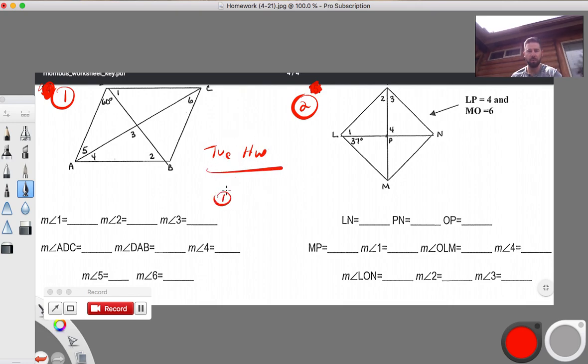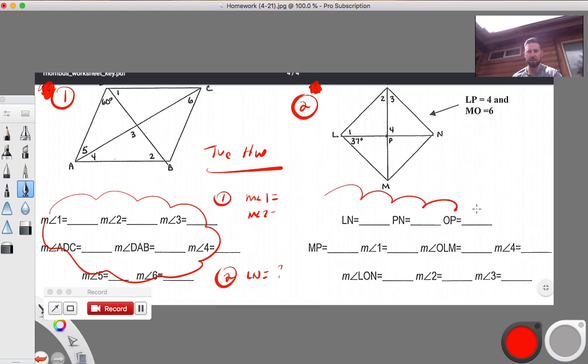Then put number 1, and type out measure of angle 1 equals whatever your answer is, measure of angle 2 equals whatever your answer is, with all this information down here. Then also in your Loop mail, number 2: LN equals whatever LN is, and all this information over here for this problem.